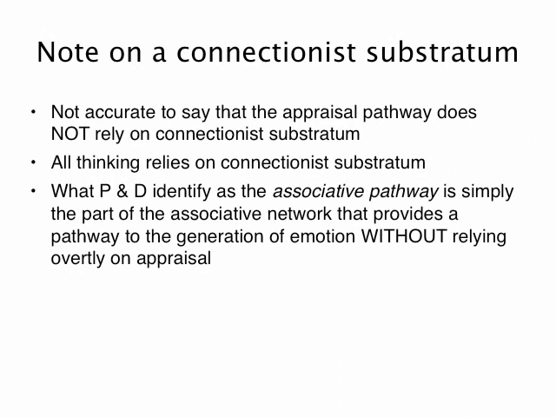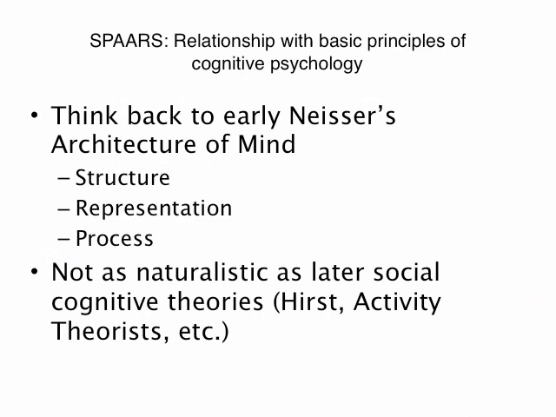So don't be confused by Power and Dalgleish's use of the word associative as implying that there's no associative network underlying the appraisal pathway. It's just the very basic ones and zeros sort of thing. It underlies all psychological experience.